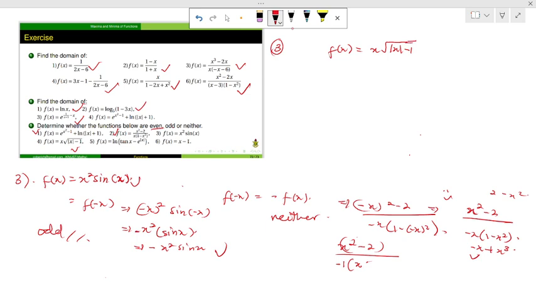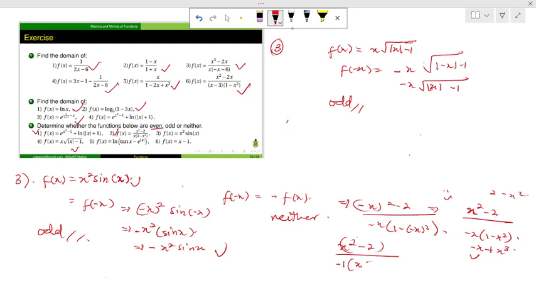Once you have this expression here, I'll put in my f of negative x, and that will give me negative x here, root of absolute of negative x minus 1. This becomes negative x. Know that absolute of negative x still becomes absolute of x, the same thing, that doesn't change. Then you have negative here. So we simply multiply negative by it, and this one too is a perfect odd function. It's because it was x times this, and I multiply it by negative, and it's negative of that.